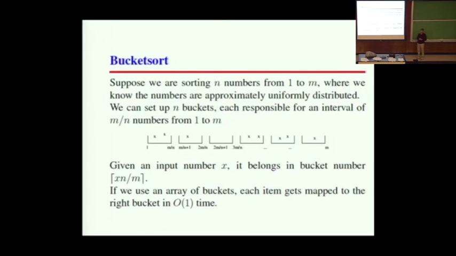It's a non-comparison sort, but if I told you that I'd proven a lower bound for sorts that stood on one leg and danced, that wouldn't mean I couldn't do something different. Why in particular does this not violate the spirit of my lower bound? Yeah? It works under the specific assumption that my numbers were uniformly distributed between 1 and m. Does everybody see that?